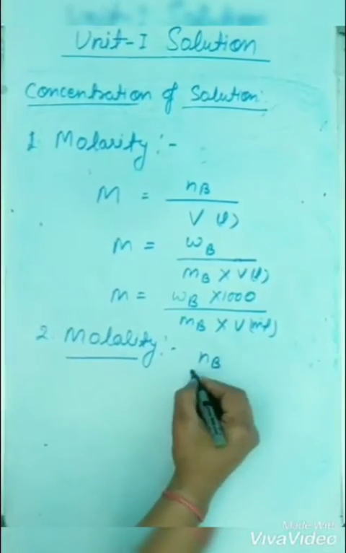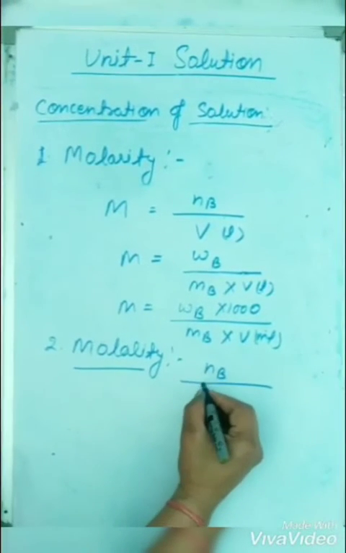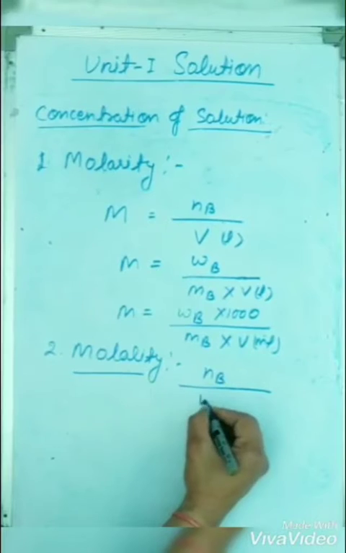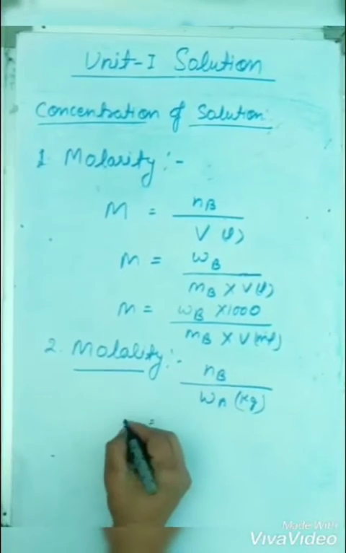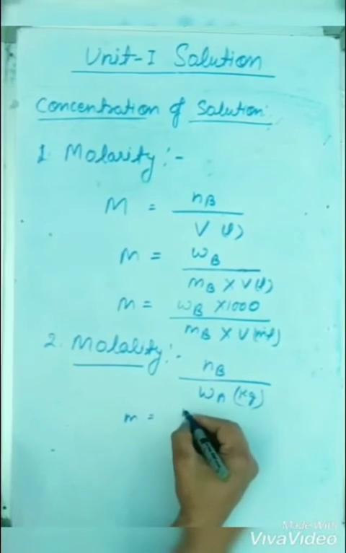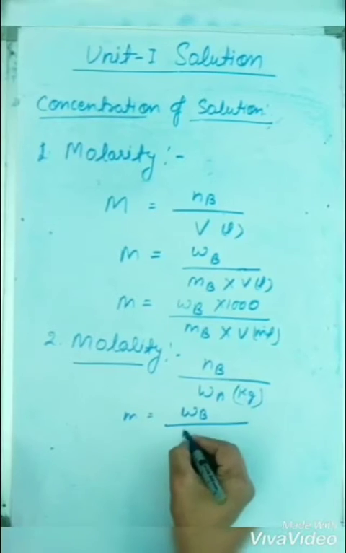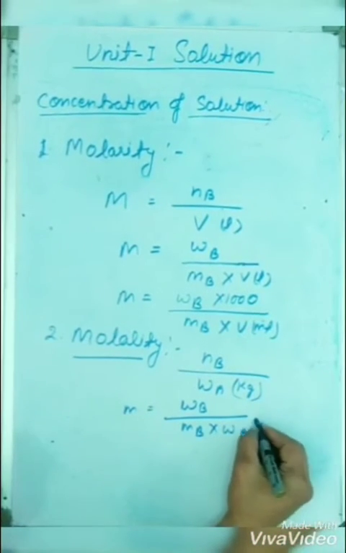Molality is the moles present in 1000 gram of the solvent. So the formula is NB upon WA in kilogram. Now NB is equal to WB upon MB, so we can write WB upon MB into WA in kilogram.